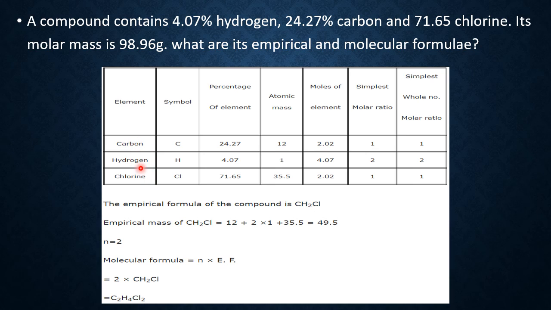Their symbols are C, H and Cl. Now percentage composition will be given, as I told, in the question only. So carbon 24.27, hydrogen 4.07, chlorine 71.65. Atomic masses are also given, or you refer to the table: 12, 1 and 35.5 for chlorine.